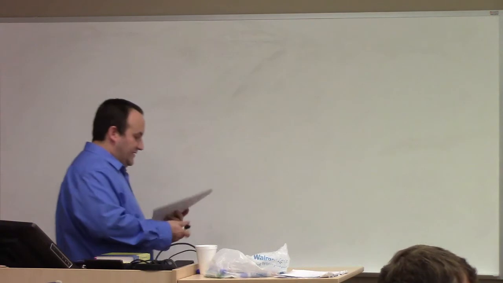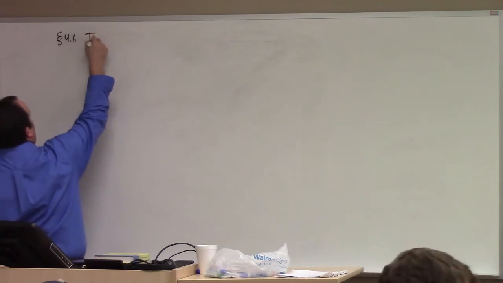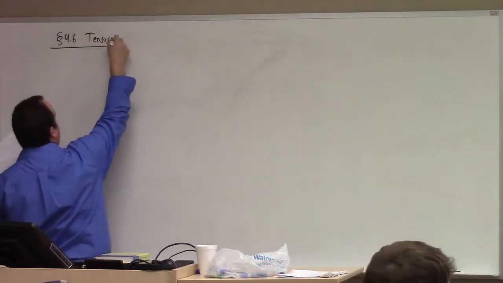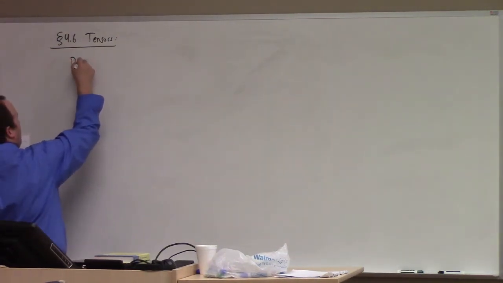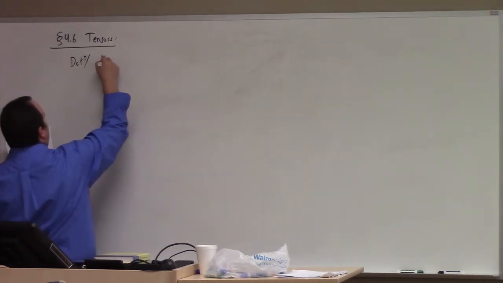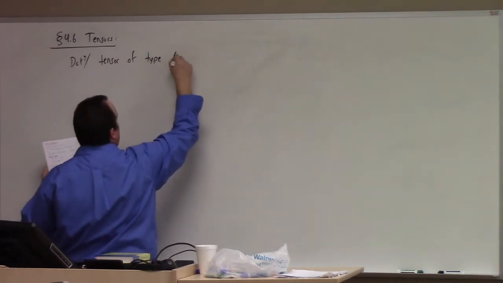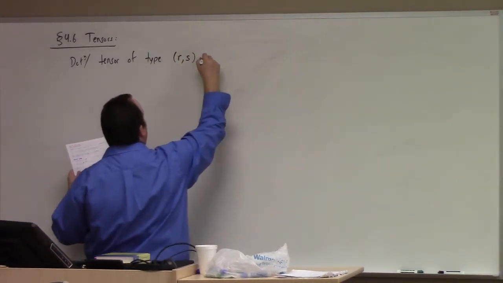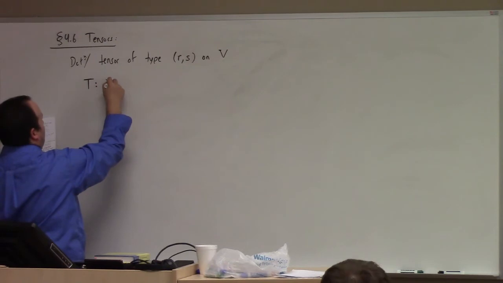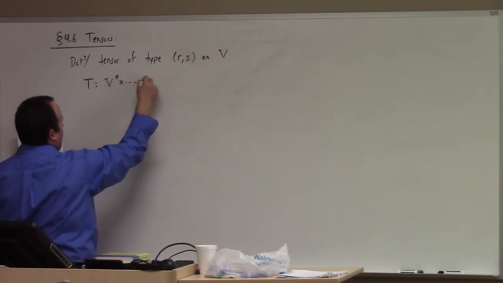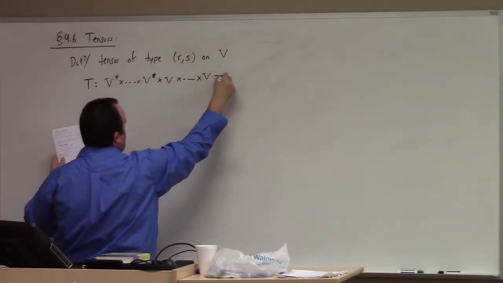All right, so tensors, section 4.6. It's about high time I gave you some terminology here. So a tensor of type (R,S) on V, here's the main thing I'm finally fessing up to, is a mapping from R copies of the dual space and S copies of V to the reals, because we look at real valued tensors.